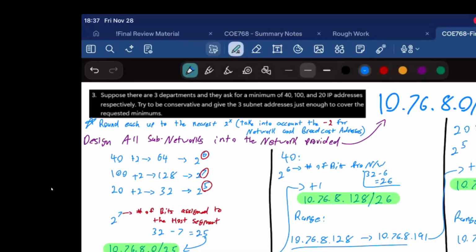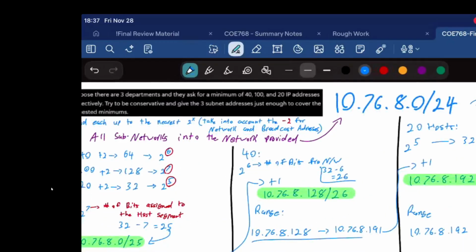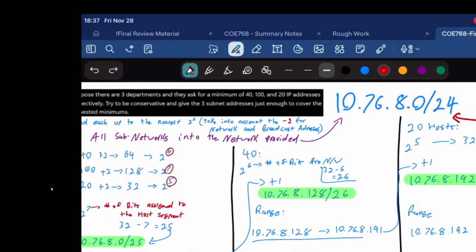So what Louis is asking here is that, given the same subnet that we have, if we're asked to assign 260 IP addresses, that is outside of the range of the /24 subnet, because you're only able to assign a maximum of, as I drew earlier down here, 256 total addresses.